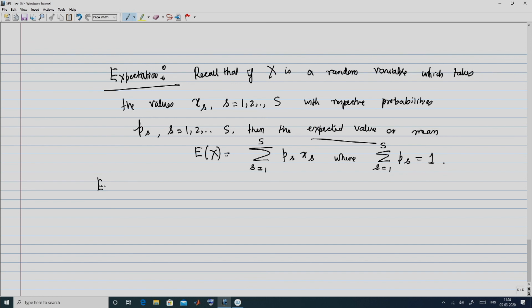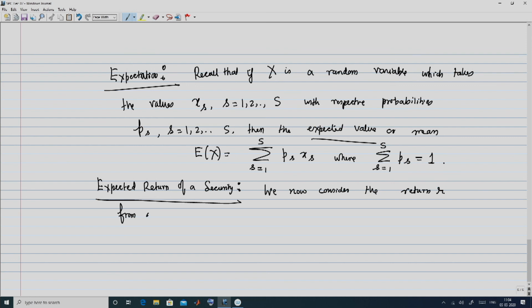So now let us extend this notion to the expected return of a security, and obviously mostly from the point of view of a risky security. We now consider the return R from a risky security as the random variable.